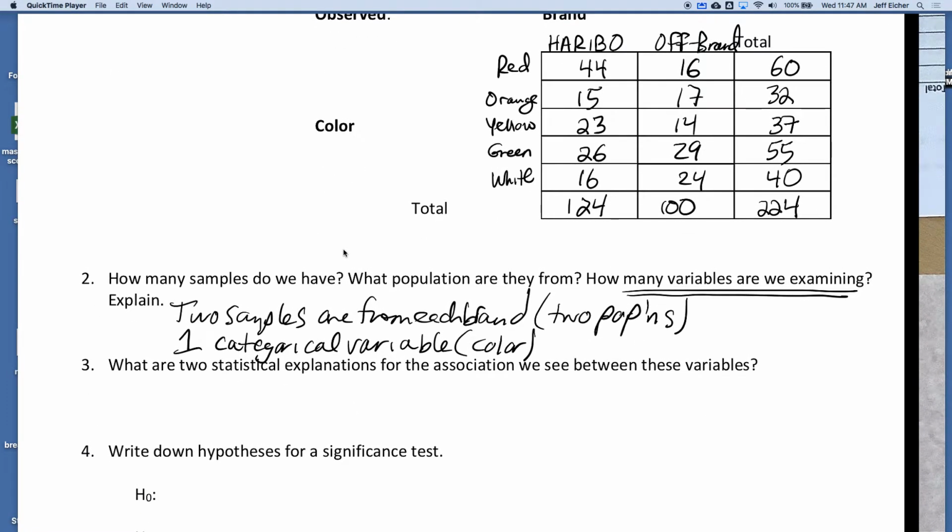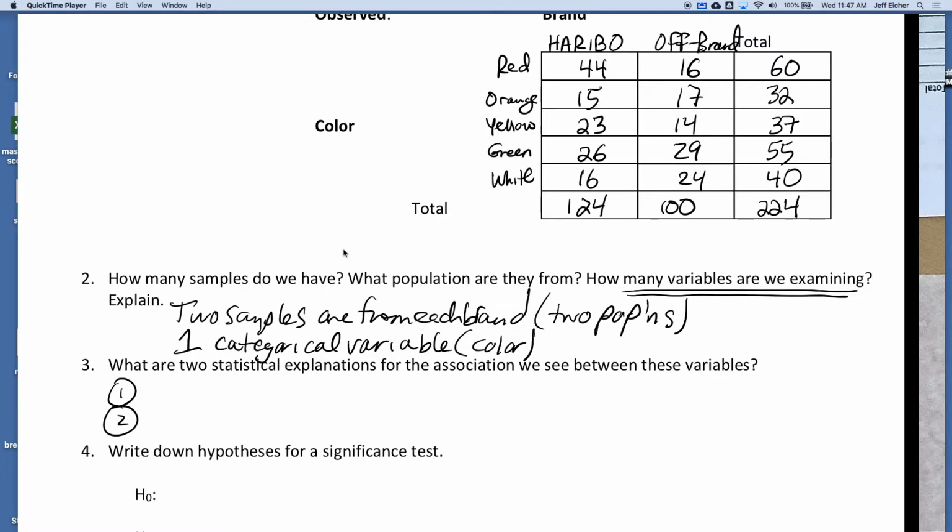So what are the statistical explanations for the difference that we observe? So like this difference here, why would Haribo have so many more red than the off-brand? So any thoughts from the class? It could be some sort of like marketing reason.